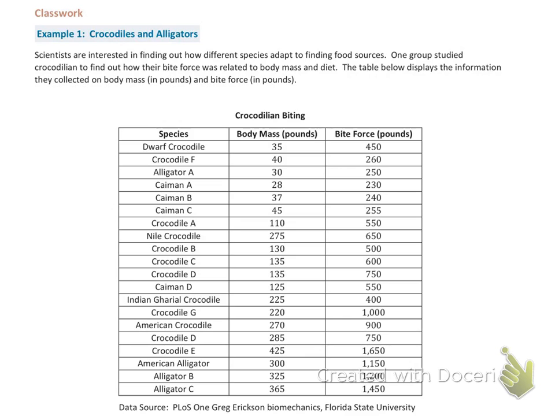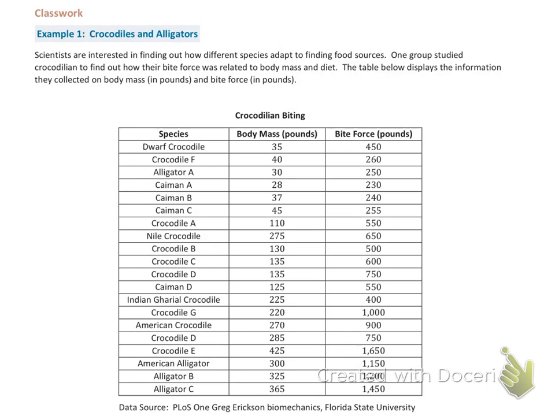And could we predict the bite force by looking at the crocodile's body mass? It's not in order by anything actually, but we have body mass and bite force data for each species.